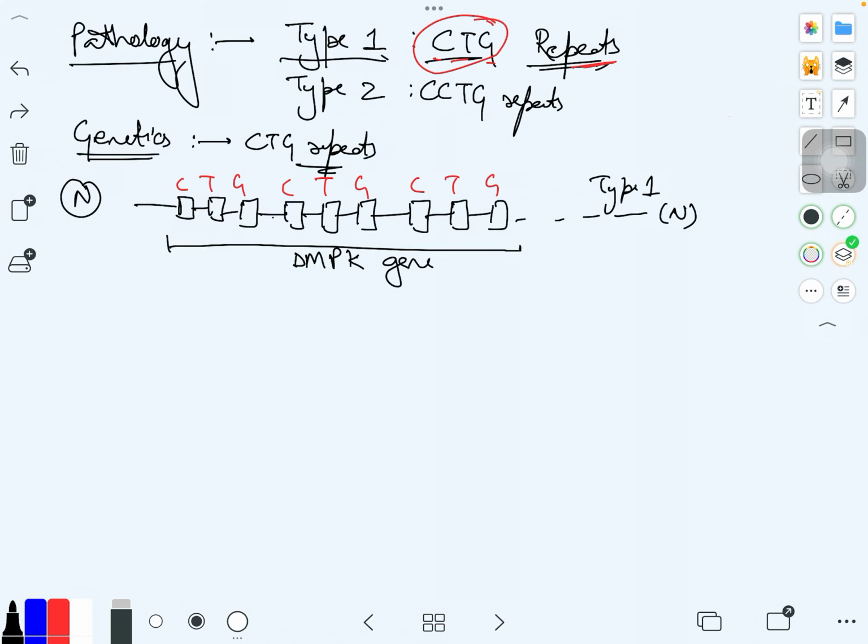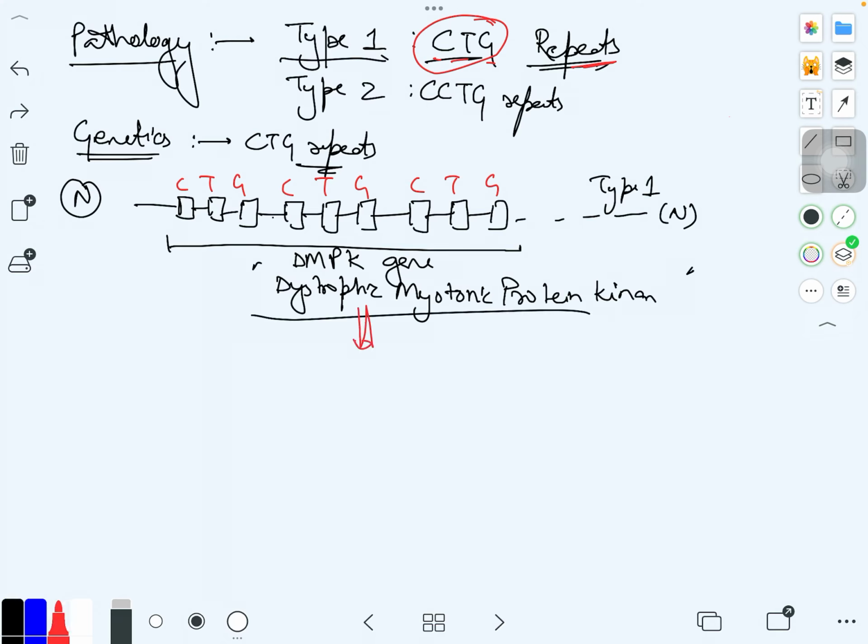Now DMPK stands for dystrophic myotonic protein kinase, and this will code for a protein which will play a role in muscle fibers to function normally.